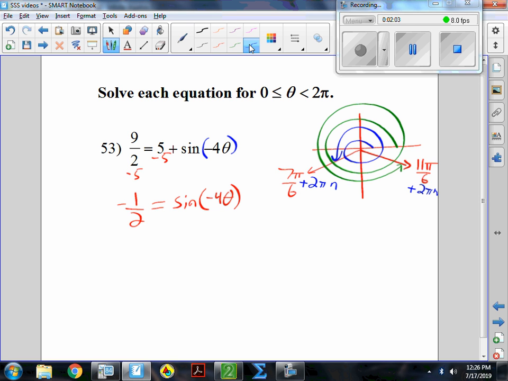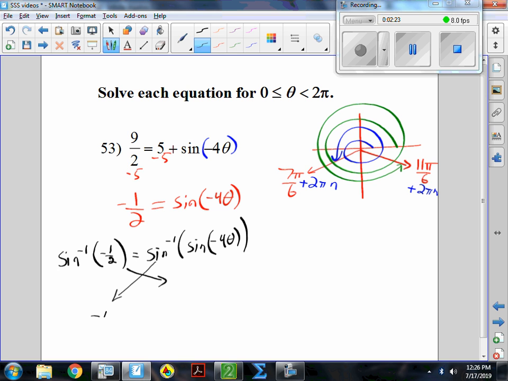So technically that happens by taking the inverse sine of negative 1/2 and the inverse sine of the sine of negative 4 theta. Inverse sine negative 1/2, I'm going to switch these sides.